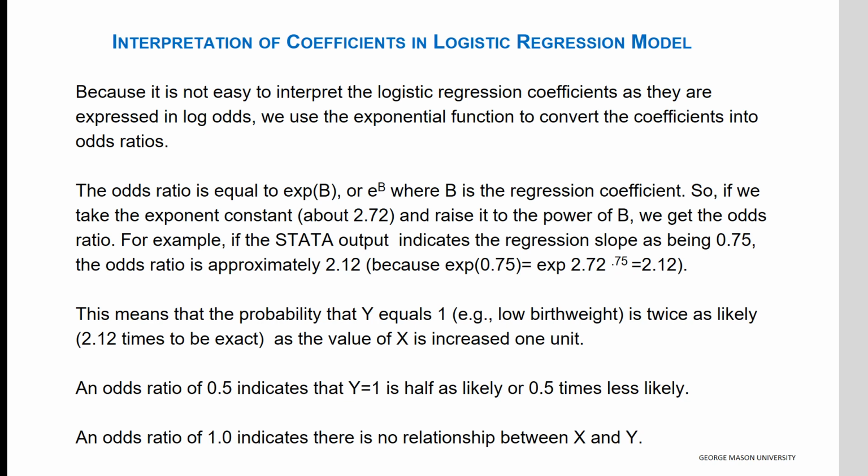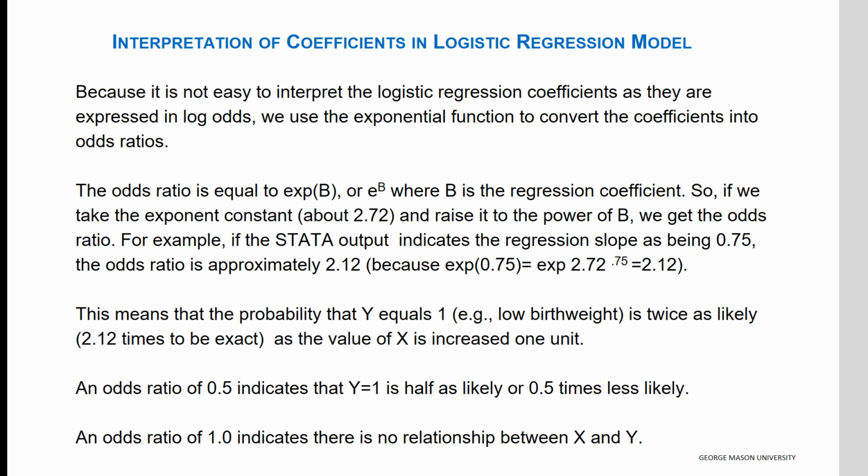Because it's not easy to interpret the logistic regression coefficients as they are expressed in log odds, we use the exponential function to convert the coefficients into odds ratios. So the odds ratio is equal to exp of b, or e to the b power, where b is the regression coefficient.